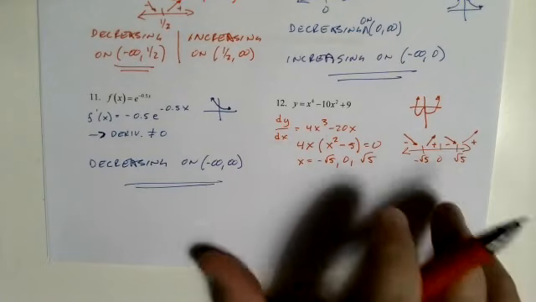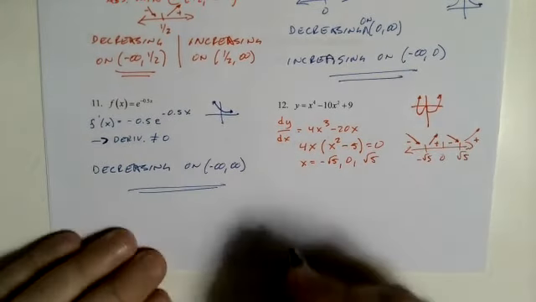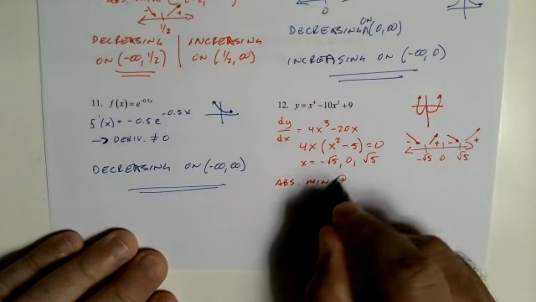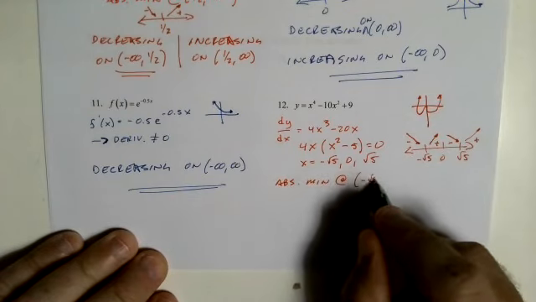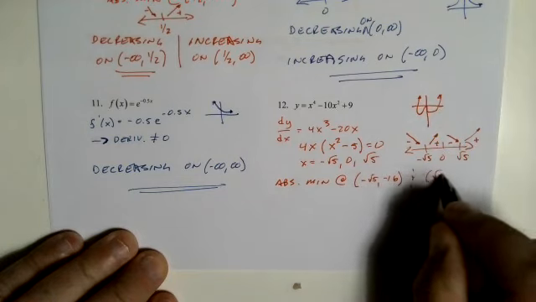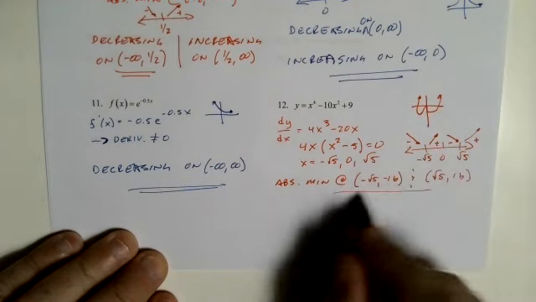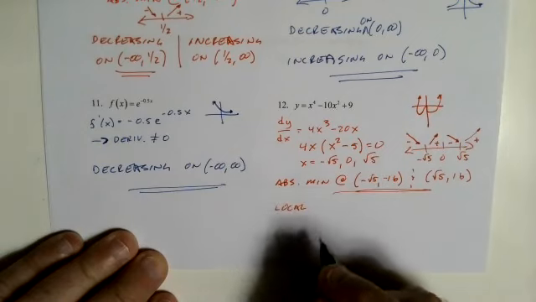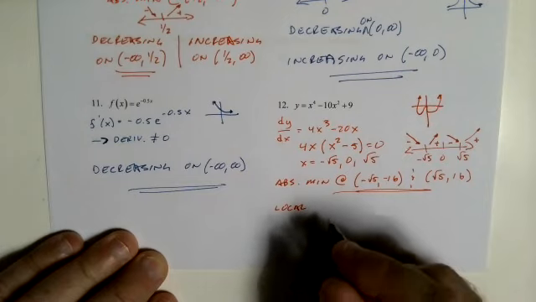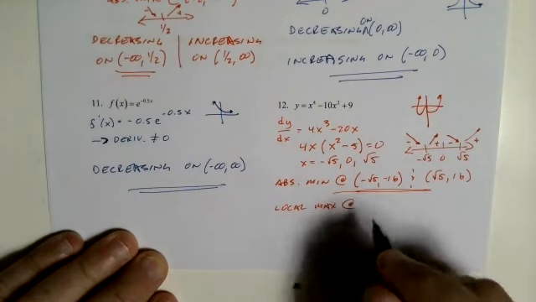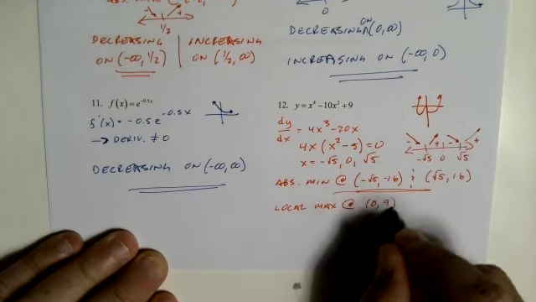So it's going to be the same for both of them. So we have an absolute min at negative root 5, comma, negative 16, and root 5, comma, 16. Local max at 0, comma 9. I feel like I've been calling it a different min.